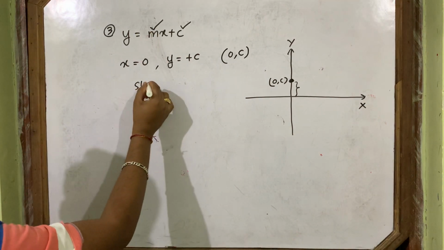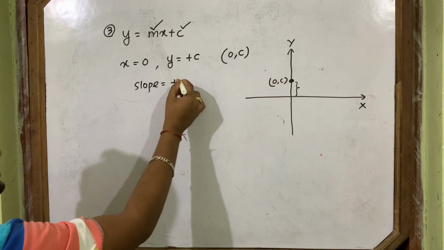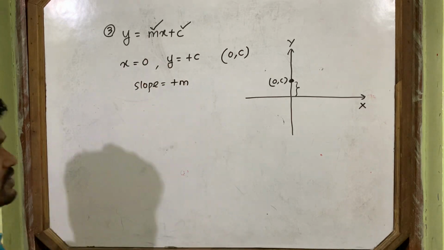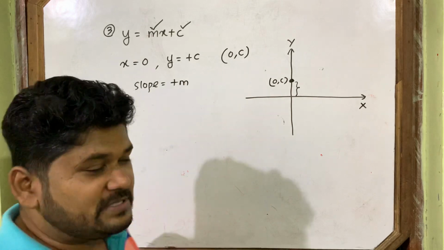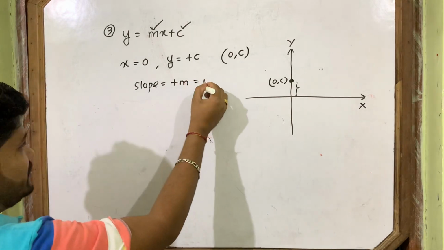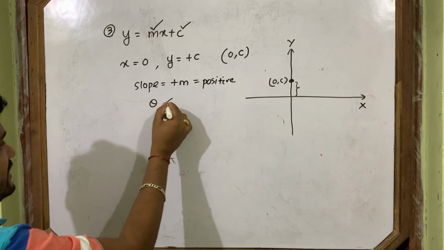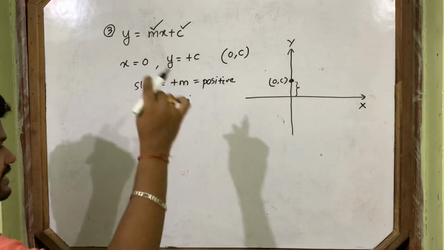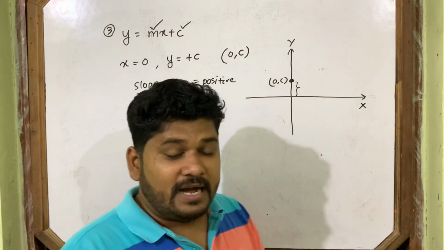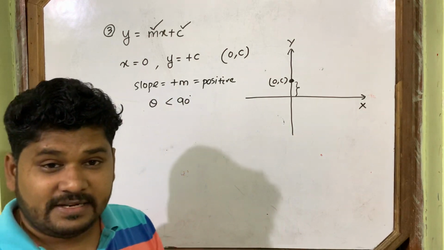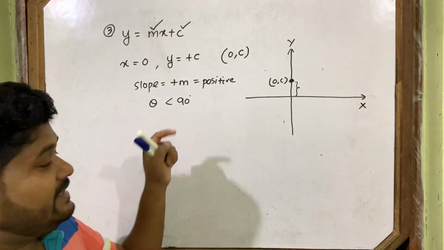But what about the slope? Plus m means slope is positive. If slope is positive, then what about theta? Less than 90 degrees. The angle made by the line is less than 90 degrees.